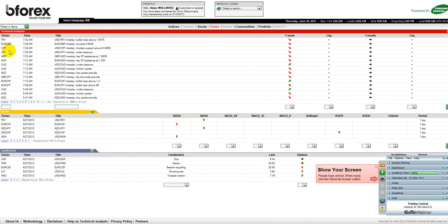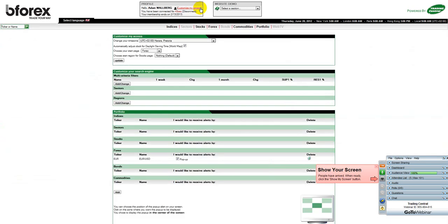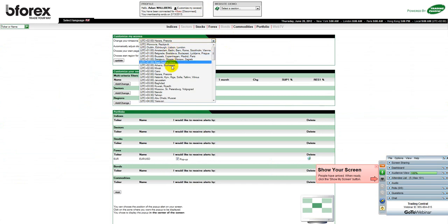Now, before you even start, wherever you are, you need to customize your access. You can click on it here. So let's open it. Now that you customize your access, you need to select the correct time zone.